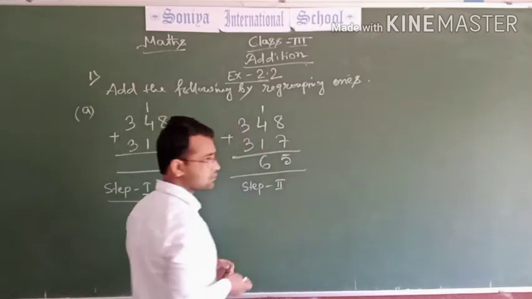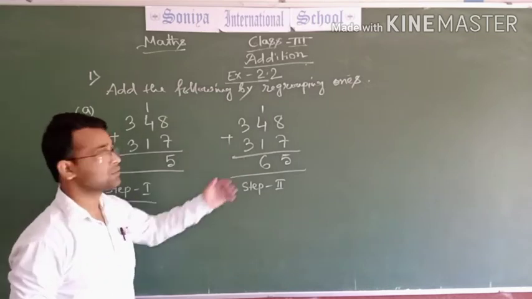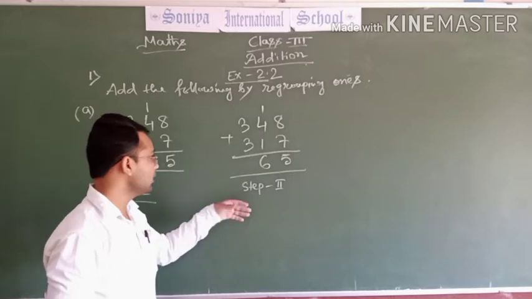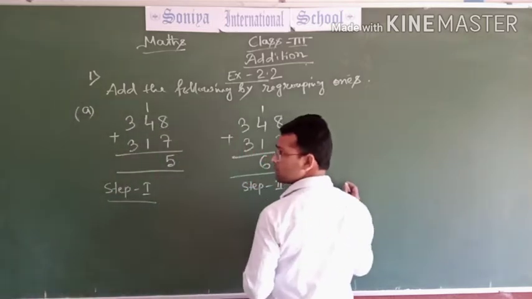Here 6 is less than 9, so only 6 is written here. Step 2 is done.